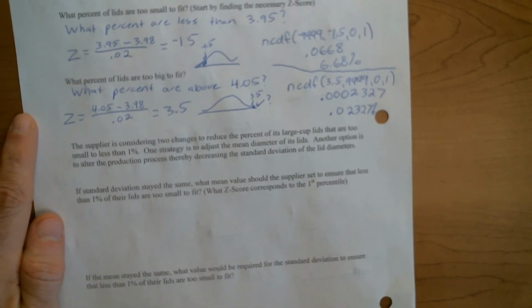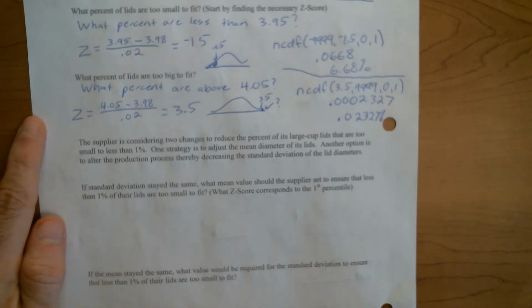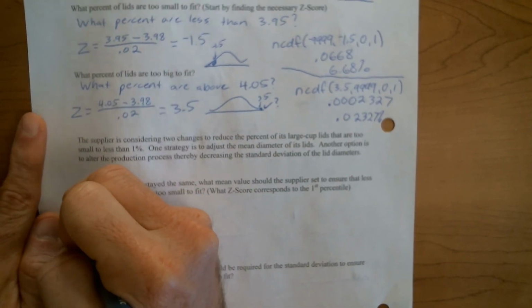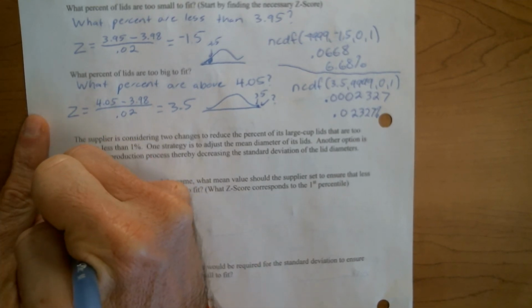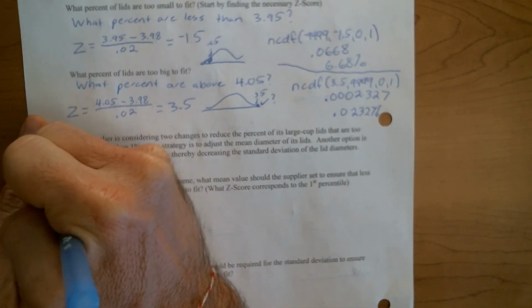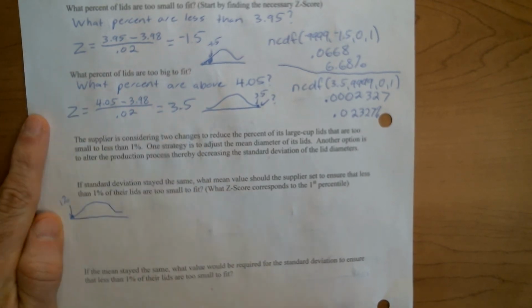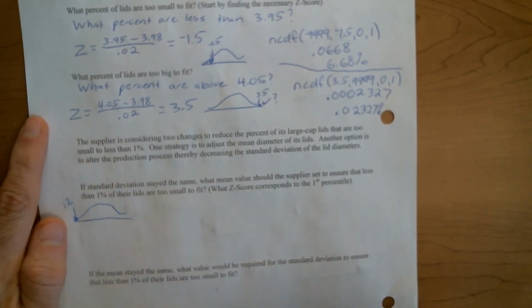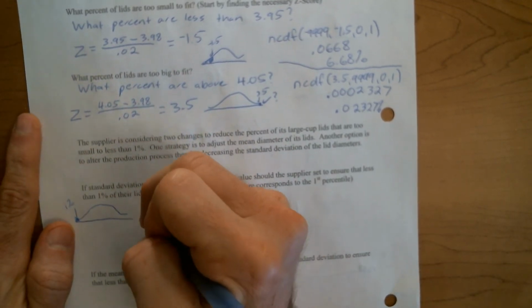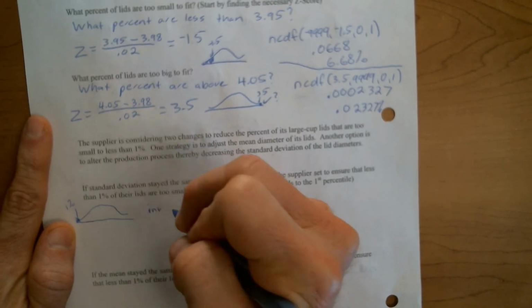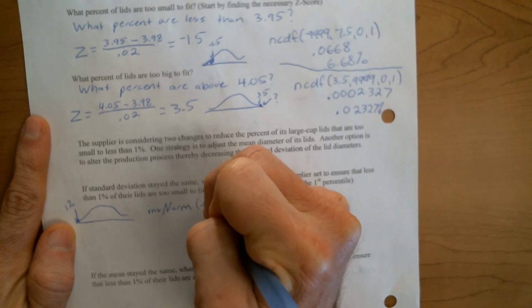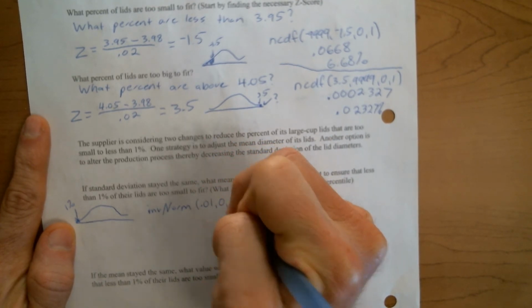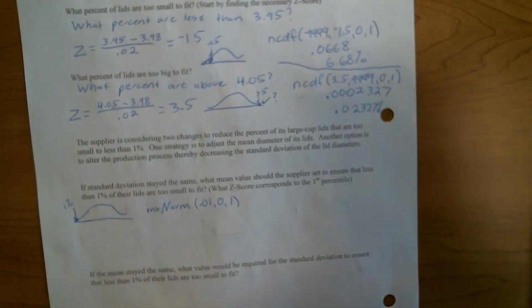All right, so basically we're trying to find the value at which only 1% of this curve is going to be shaded. All right, so to do that, we're going to use inverse norm. So we'll start with inverse norm of 0.01 when the mean is 0 and the standard deviation is 1.